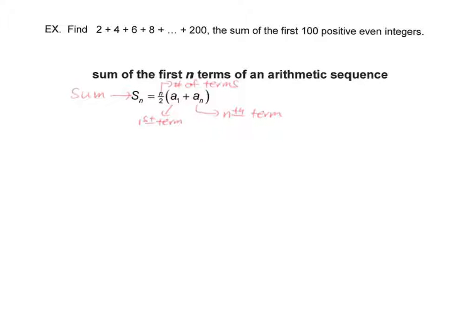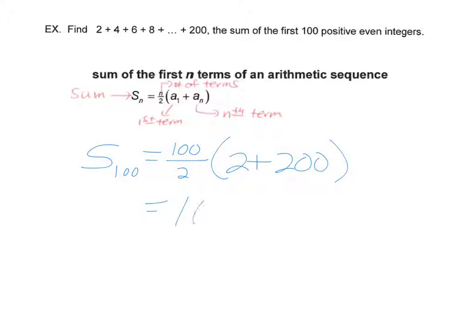So to solve this example, I'm trying to find the sum of the first 100 terms. n is 100 over 2, parentheses, my first term is 2, plus my last term, or my 100th term, is 200. So it's actually kind of a simple little formula, and the result is 10,100.